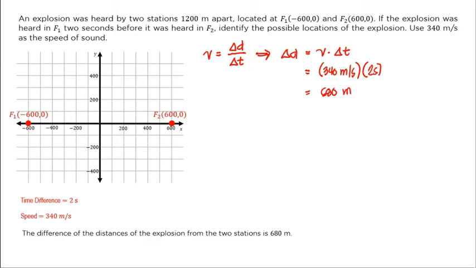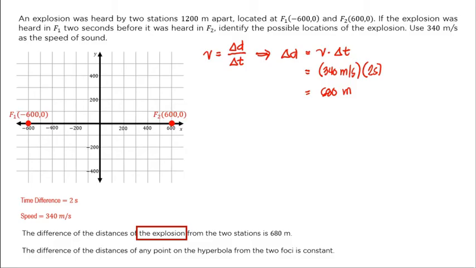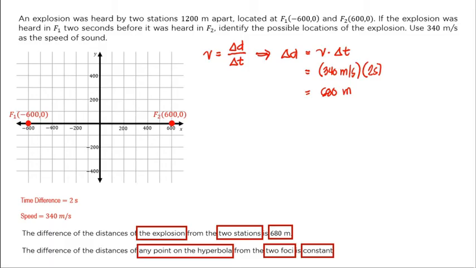Now, let's compare this statement with the concept that we know about hyperbola. The difference of the distances of any point on the hyperbola from the two foci is constant. This is actually from the definition. Therefore, we can conclude that the explosion is any point on the hyperbola, where the two stations are the two foci of the hyperbola, and 680 meters is the constant.